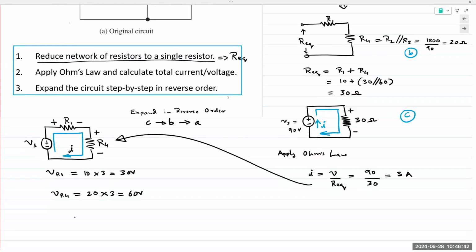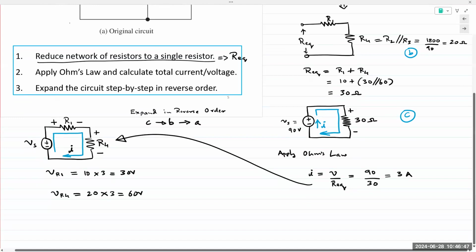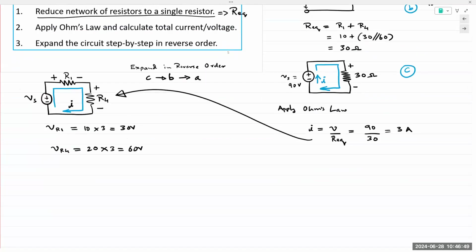Okay, so now this was step B. If we go to step A, which is where we want to find the currents for R2 and R3. Remember, R2 and R3 are in parallel, so the voltage across both of them would be 60 volts.